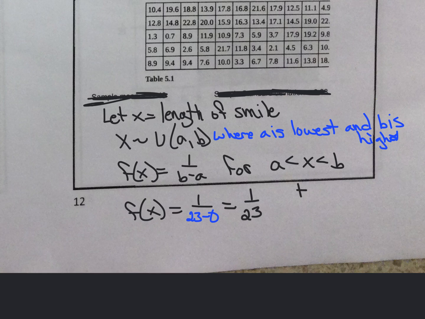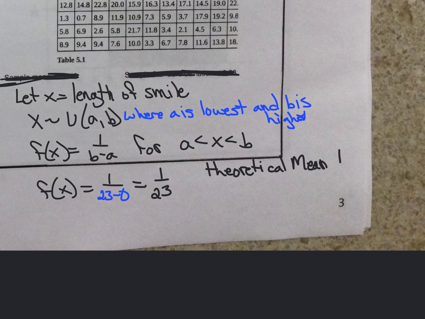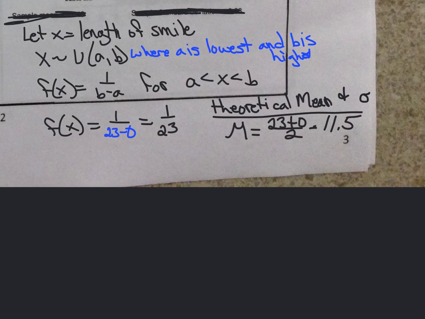So the theoretical mean and standard deviation, the mean is A plus B divided by 2, which is 11.5. And standard deviation is 23 minus 0.